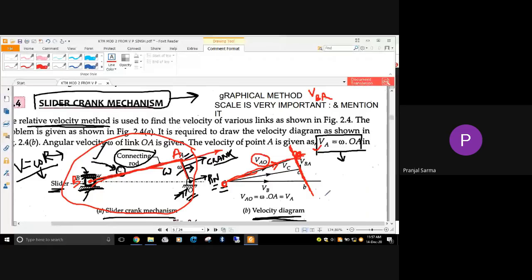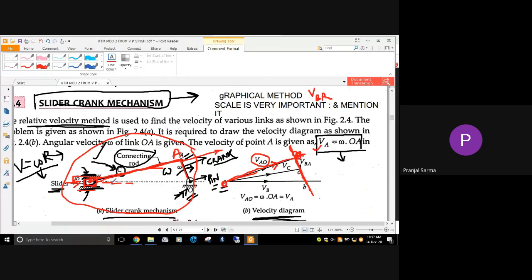Okay, thank you. Now next, another logic: B is the slider, right? In which direction can it have motion, in which direction does it have velocity? It always slides along the line of stroke direction. The slider will slide along the line of stroke direction only, we already know. And this dotted line shown here is nothing but the line of stroke direction for this particular slider.